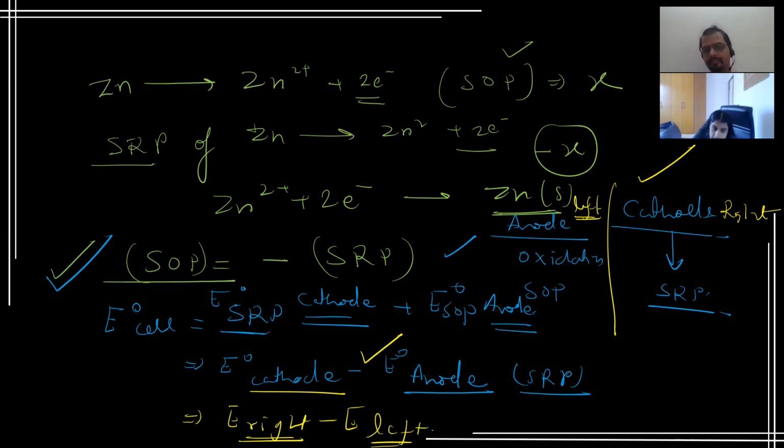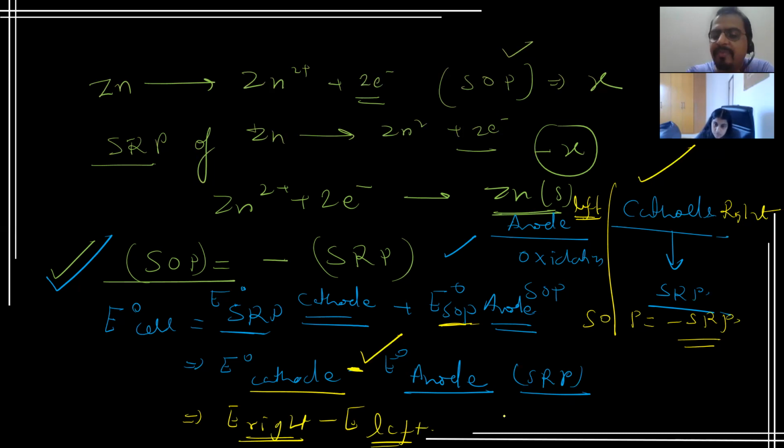One second, you said that for E naught cathode minus E naught anode, you use the standard reduction potential. When we talk about SOP, SOP is equal to minus SRP. If we are considering the reduction potential of both electrodes, the reduction potential of the cathode is fine, because reduction takes place in the cathode, but at the anode we have oxidation.